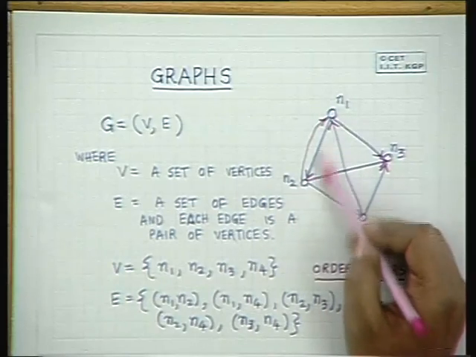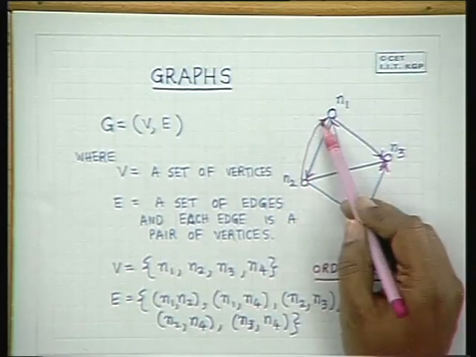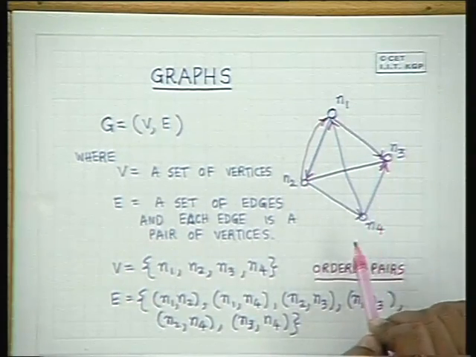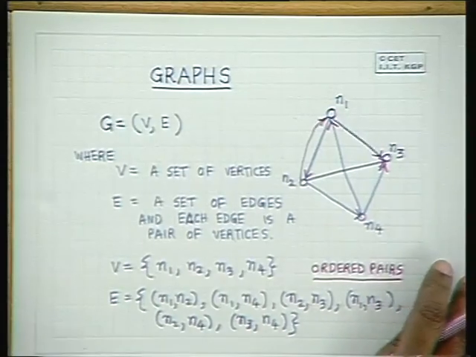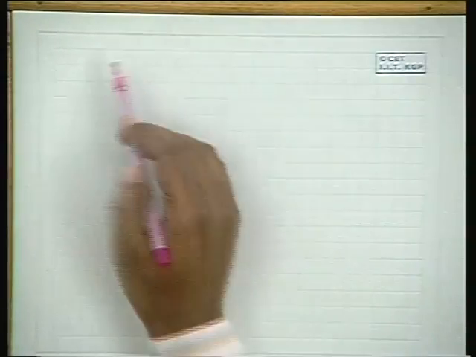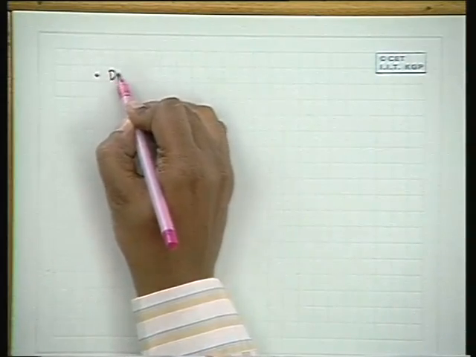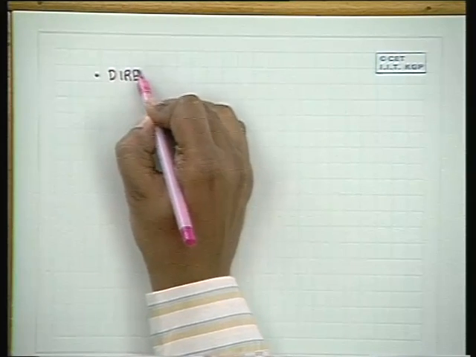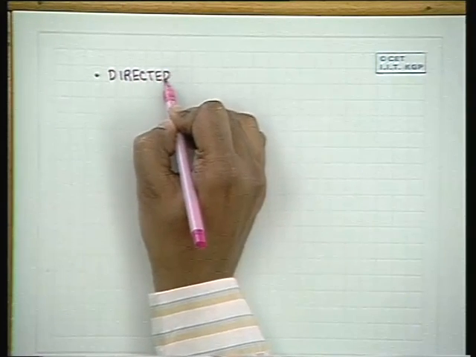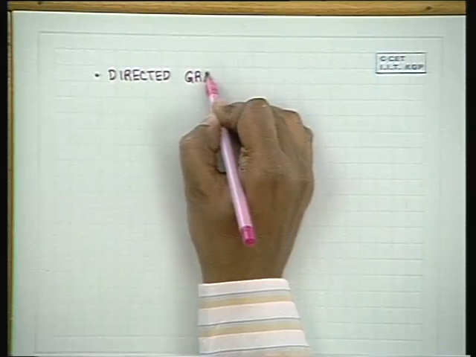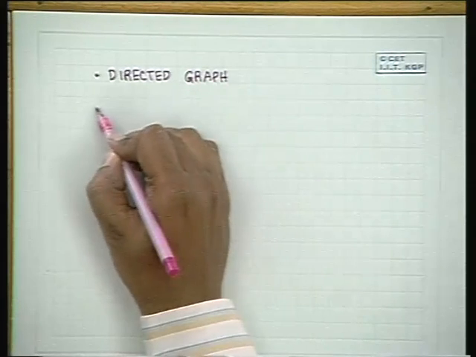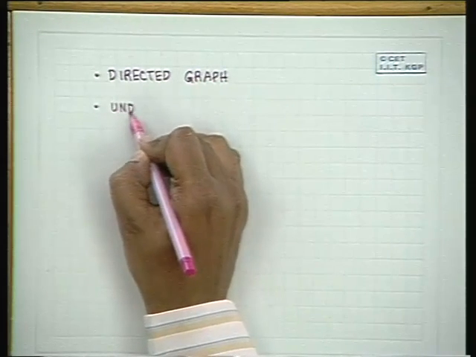If there is an edge between N1 and N2, you represent it by two directed arrows. So a graph may be a directed graph or an undirected graph.